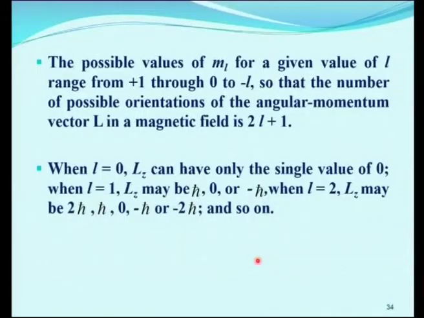So, the possible values of m_L for a given value of L range from +L through 0 to −L, so that the number of possible orientations of the angular momentum vector L in a magnetic field is 2L + 1. When L = 0, Lz can have only a single value, 0. When L = 1, Lz may be ħ, 0, or −ħ. Similarly, when L = 2, Lz may be 2ħ, ħ, 0, −ħ or −2ħ, and so on.